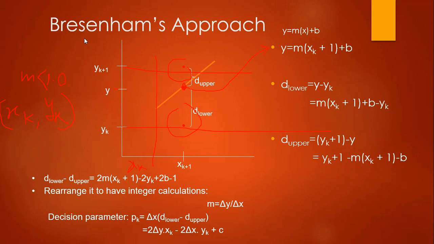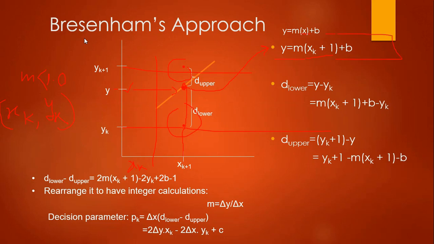But I am going to write the equation for the line now. The equation is given by y is equal to slope m into the corresponding position, that is xk plus 1, plus b. Here y is the position of the pixel on the line.